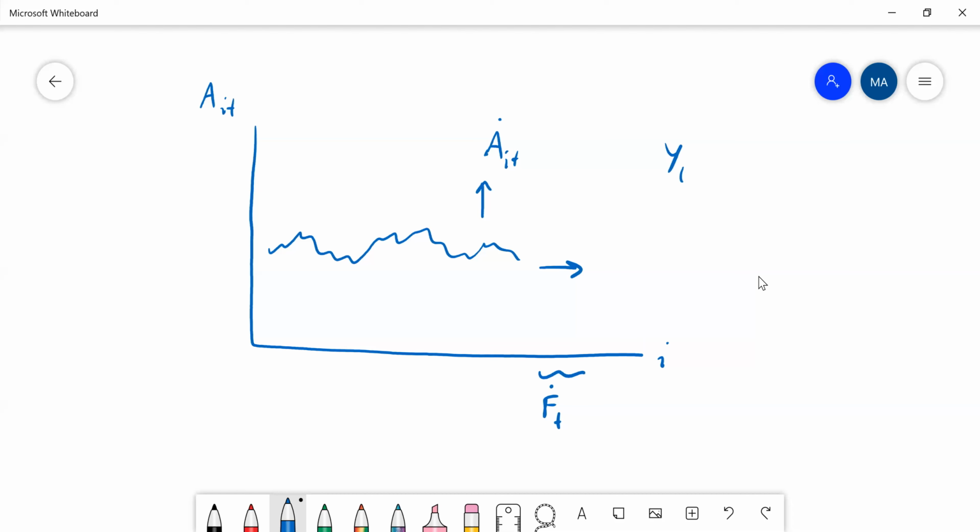Now the total output has this term, and that's the technology part, which is basically intangible.